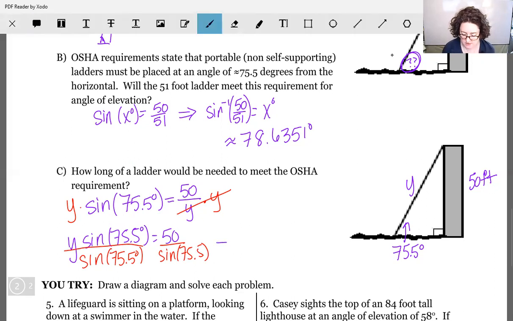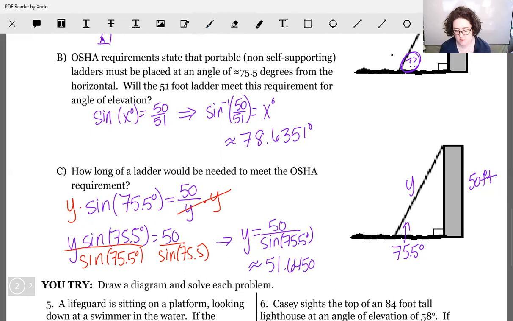And so this would then yield that y is equal to 50 over sine of 75.5 degrees. Plugging that in, we get 51.6450. So we wouldn't need to make the ladder much longer, but we would want to safely do that.